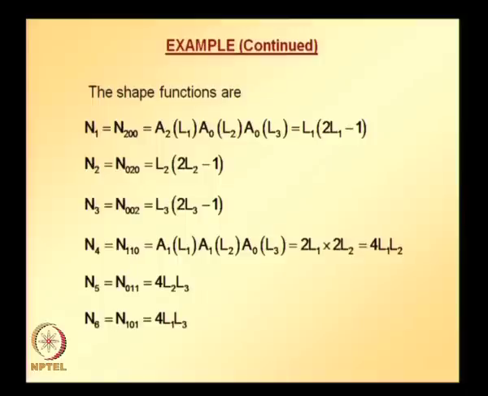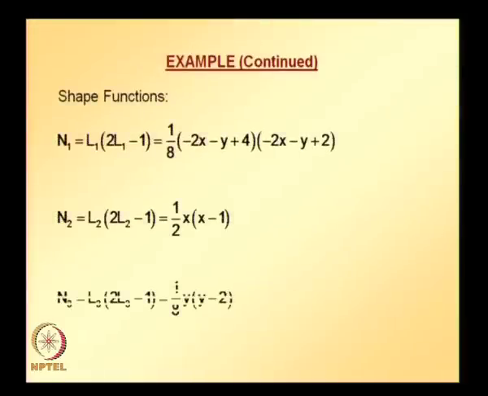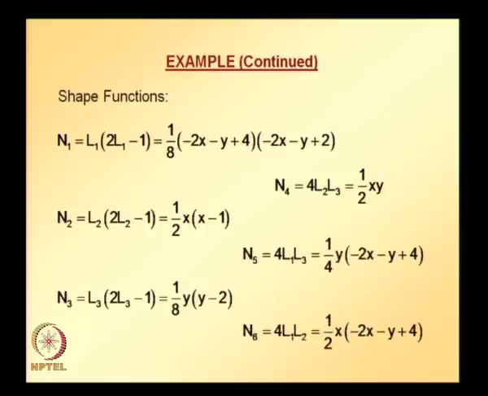So, now we need to substitute those values of L1, L2, L3 into this, and then we can get the shape functions for all the 6 nodes in terms of x, y. So, this is how one can derive shape functions for higher order triangular element, and not necessary in x, y coordinate system, but we can also derive in parent element coordinate system, that is in S and T.